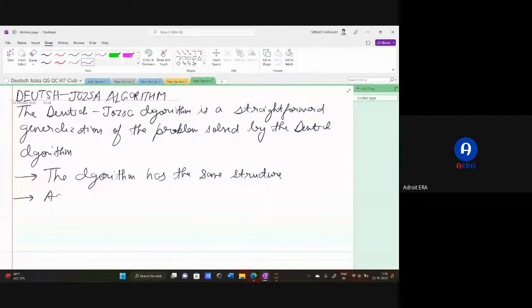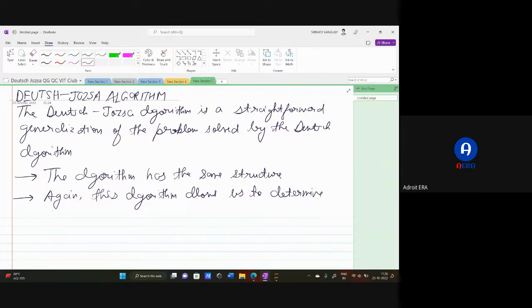And again, this algorithm allows us to determine whether a function f of x is constant or balanced.